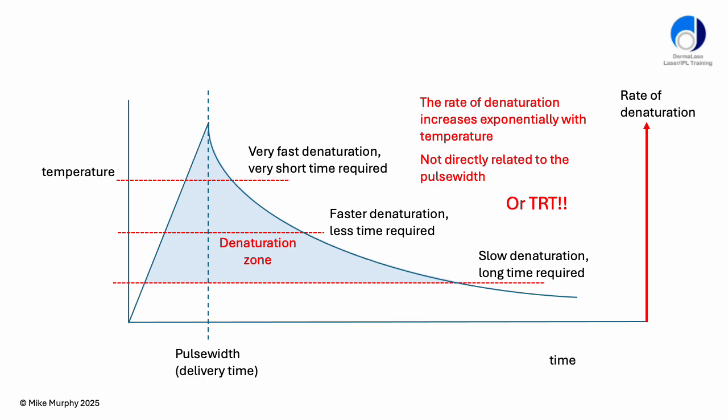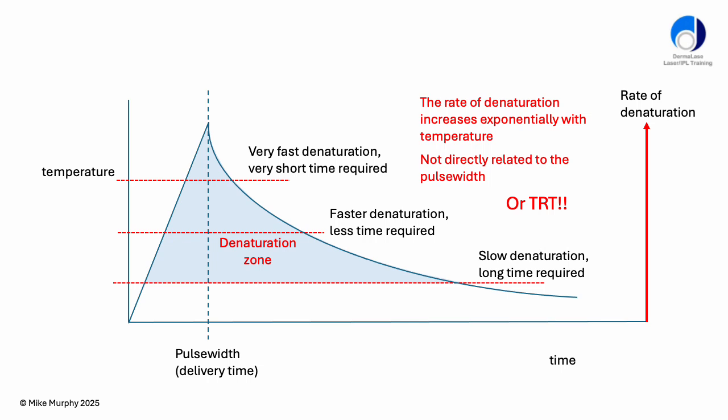So while there's no direct link between the denaturation times and the pulse width and relaxation time, there is obviously a link, because longer pulse widths mean you have a longer initial phase to the end of the pulse, and the size of the object will determine the thermal relaxation times. And if it's a big thick object, then there'll be more time for denaturation to occur. So it's quite tricky trying to relate all these things together. There's no obvious relation there at all.